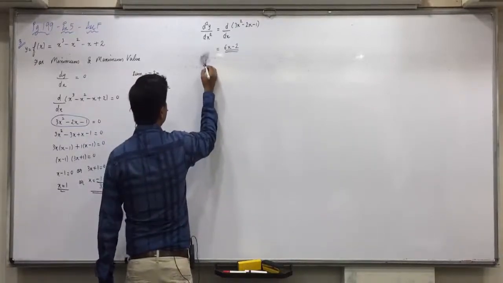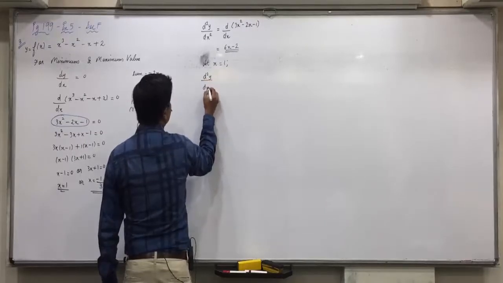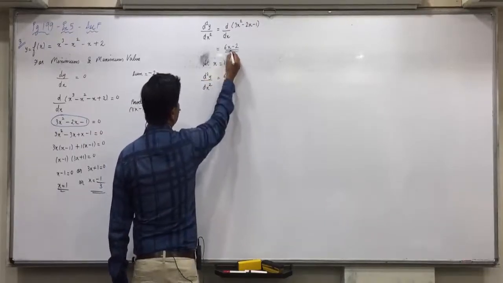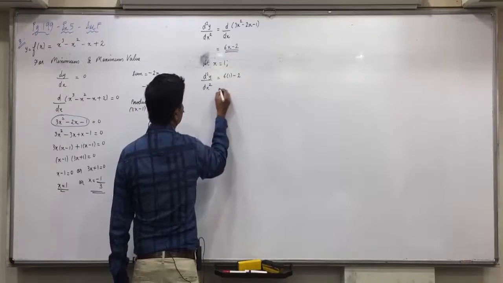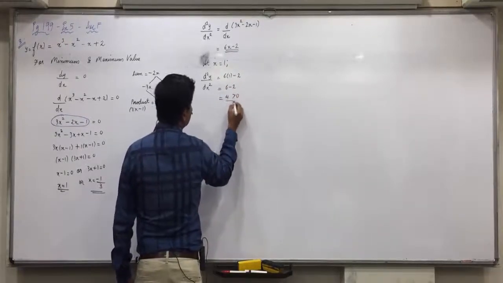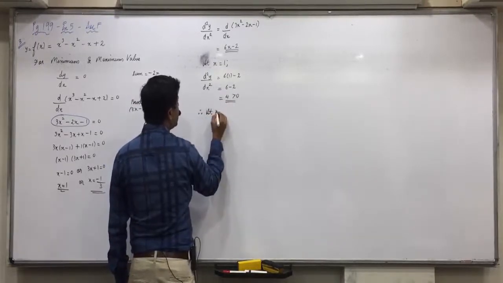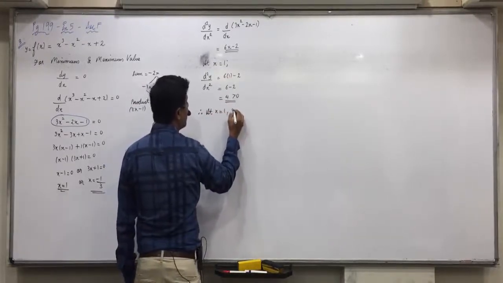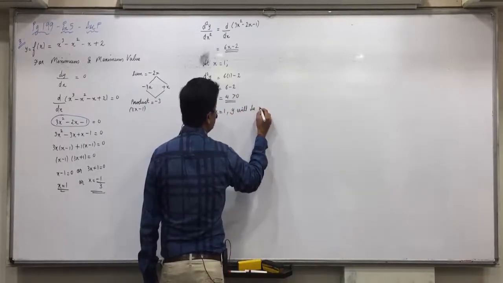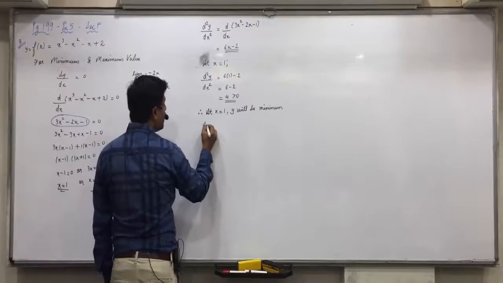So first, at x equals 1, d square y upon dx square: 6 in place of x will put 1, minus 2. 6 minus 2, 4 is greater than 0, means at x equals 1, it is positive, means minimum.